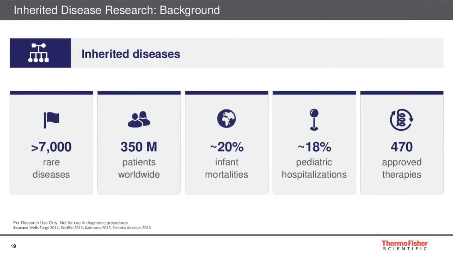So why is it so important to study inherited diseases? There are over 7,000 known rare inherited diseases that impact nearly 350 million patients worldwide.